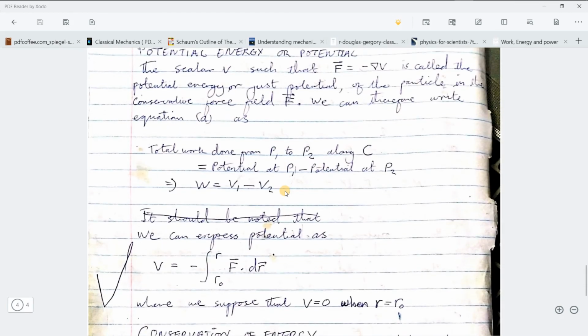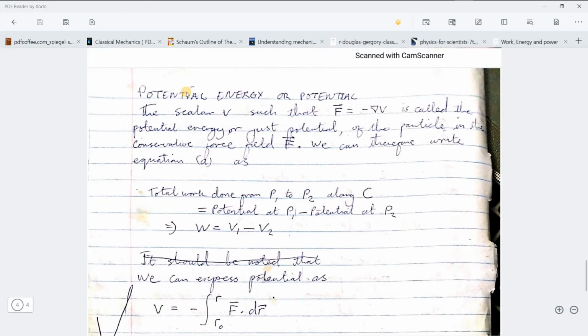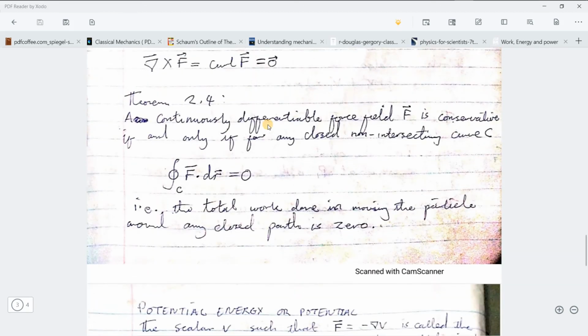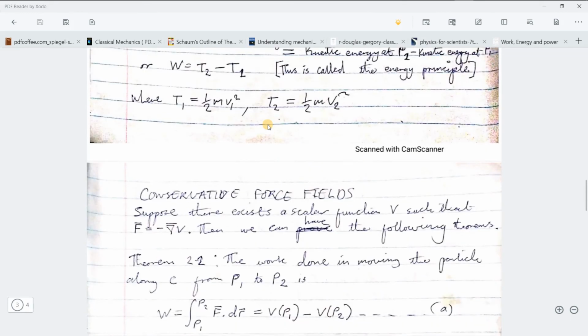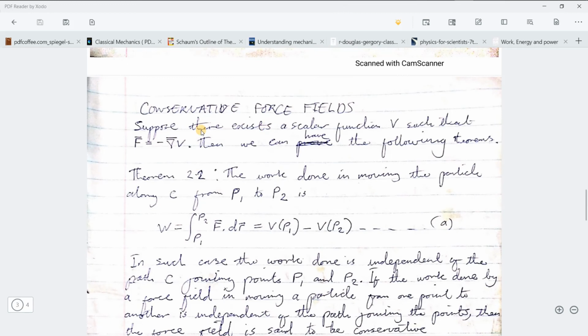Alright, so now we're looking at potential energy, or potential. We're talking about the scalar V. Remember this V. I explained V just from the beginning of conservative force fields.